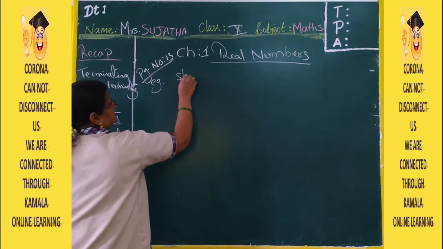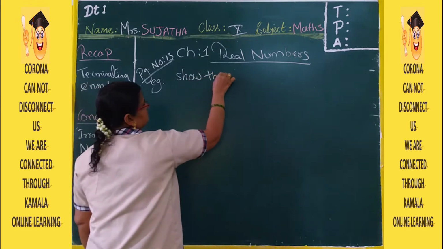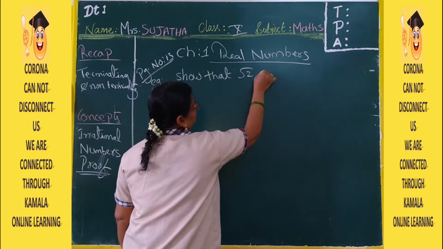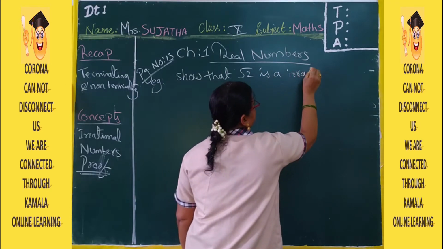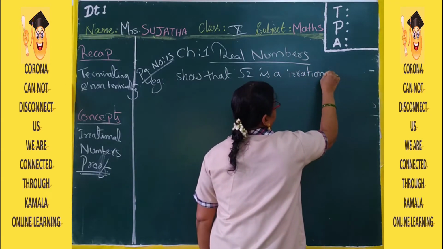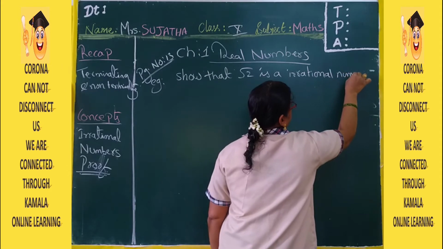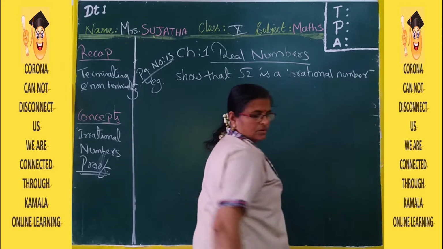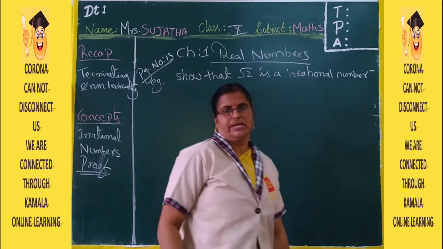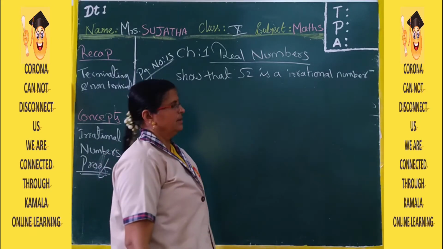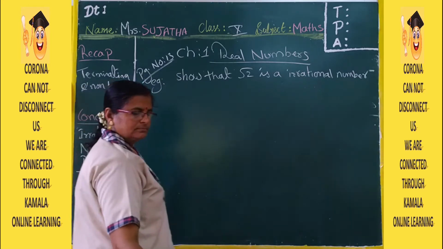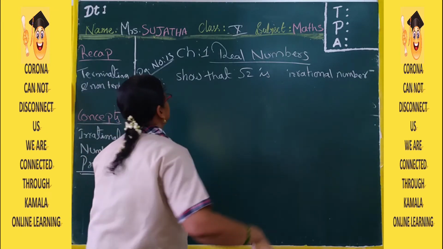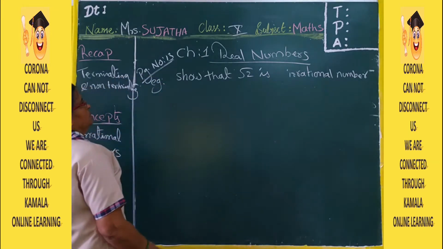Show that root 2 is an irrational number. So, you have to show that root 2 is an irrational number.